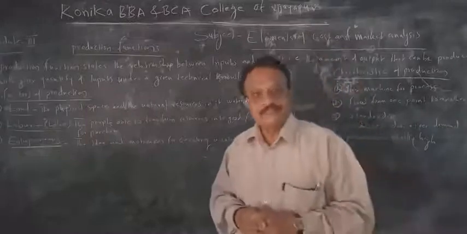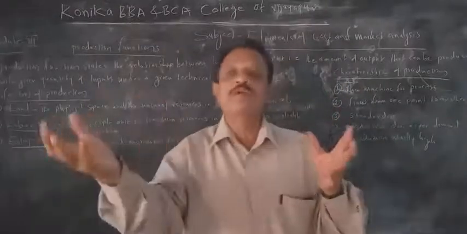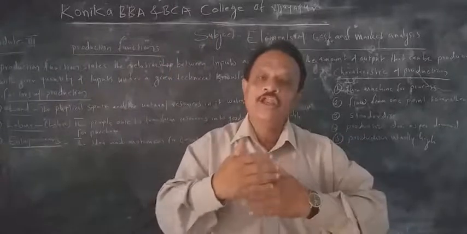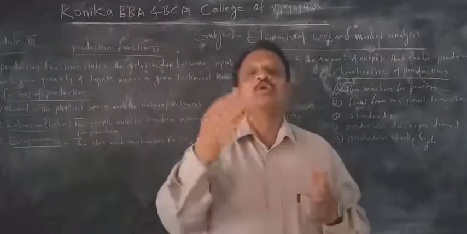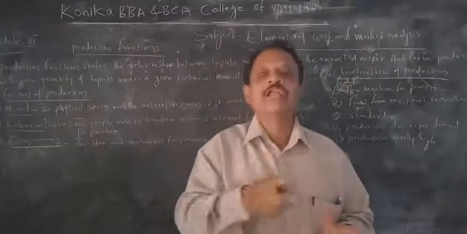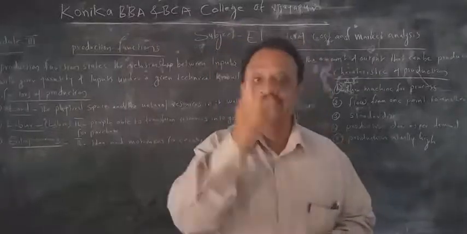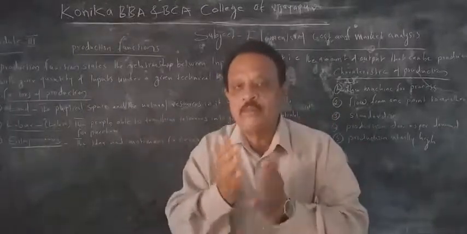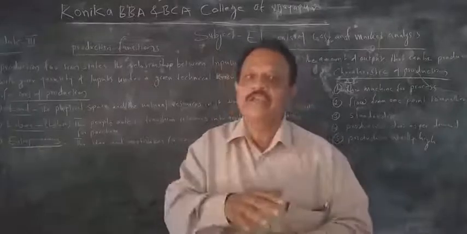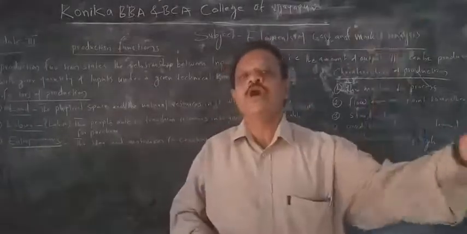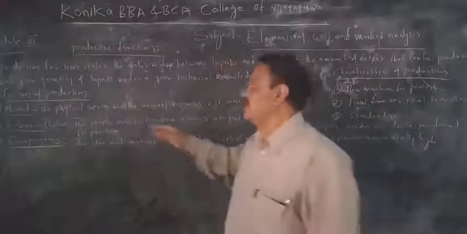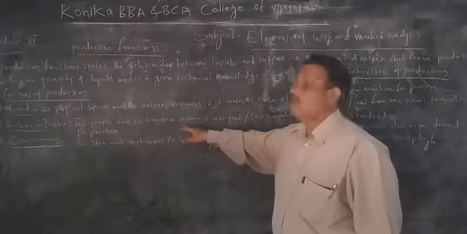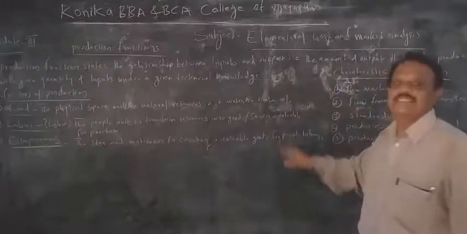Second, labor. Whatever resources you are getting will be converted into goods and services. For that, labor and human resources are necessary. Whatever raw material comes in, they convert it from input into output, into goods or services. Here it is written: labor, the people able to transform resources into goods and services.